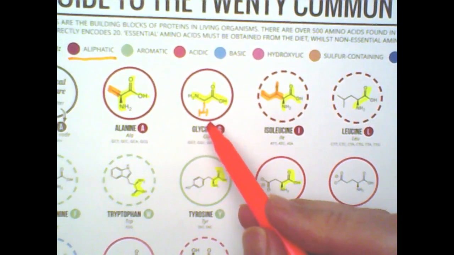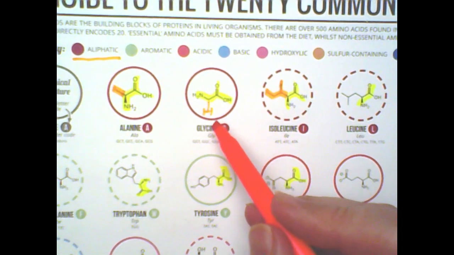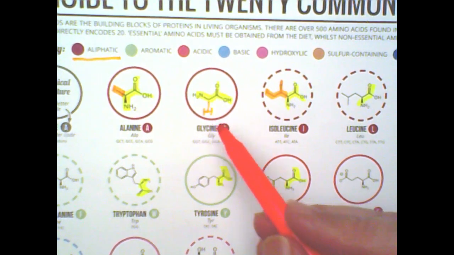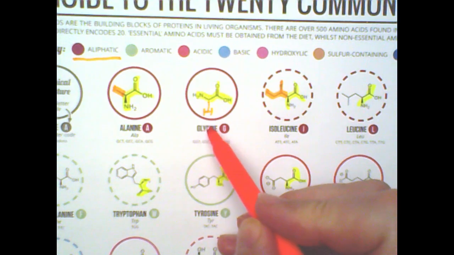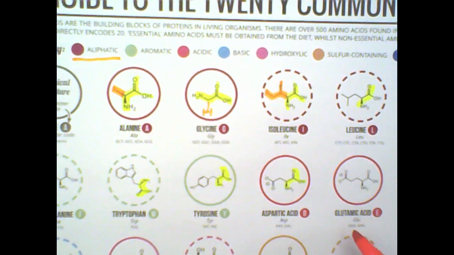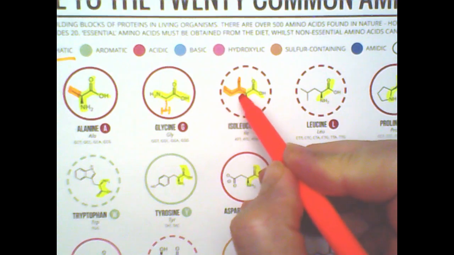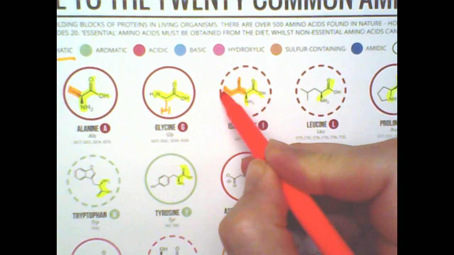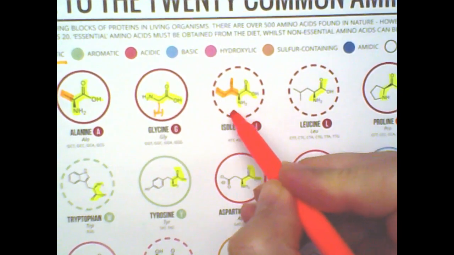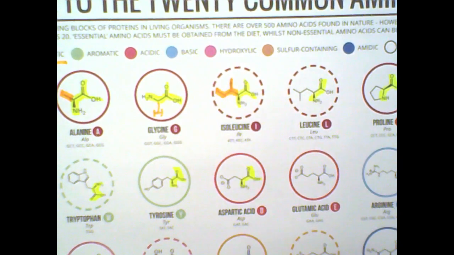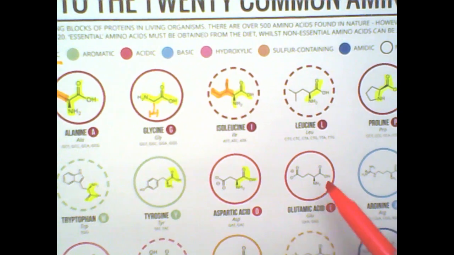Glycine doesn't really have a side chain. It's kind of an in-between, a little bit like hydrogen is on the periodic table. Hydrogen doesn't quite fit with anything else, while glycine doesn't quite fit with any of the groupings of amino acids by type. But here we've got 4 carbons. So this isoleucine is also aliphatic.